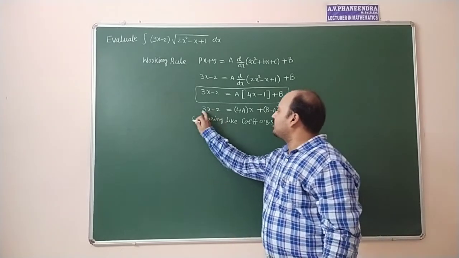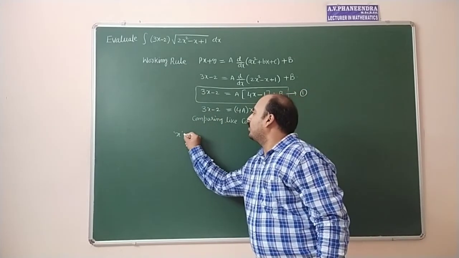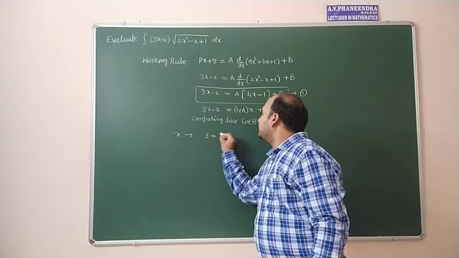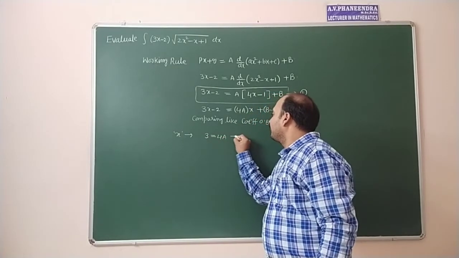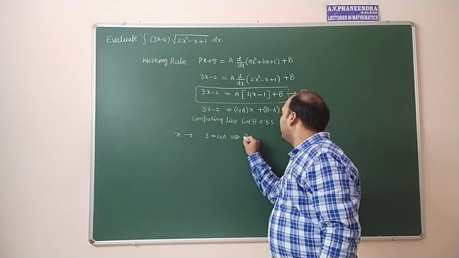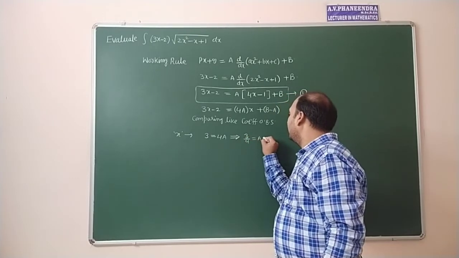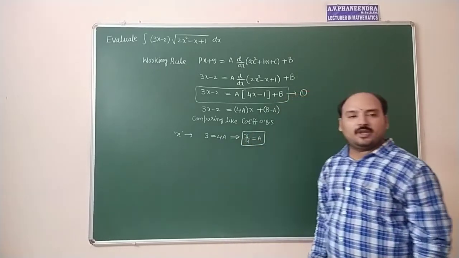Here the x coefficient is 3. First I am comparing x coefficients. 3 is equal to 4A. That implies 3 by 4 is equal to A. We got the value of A.